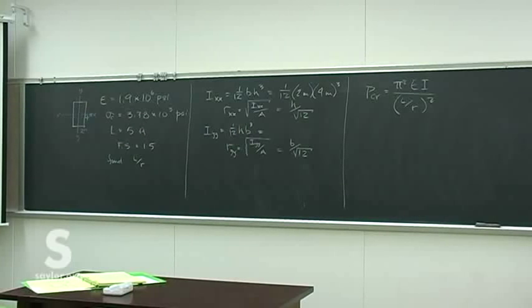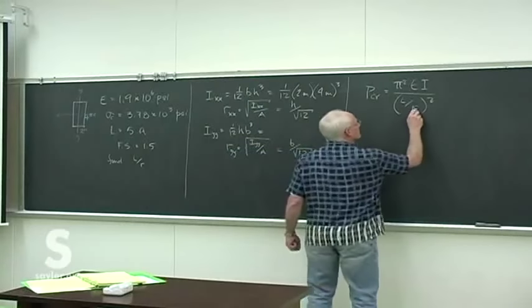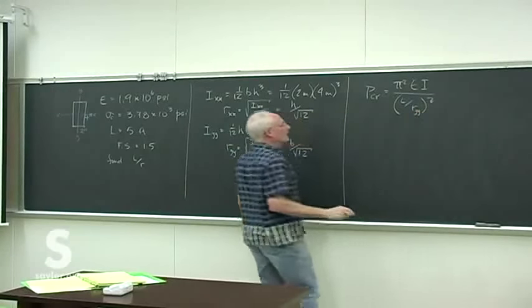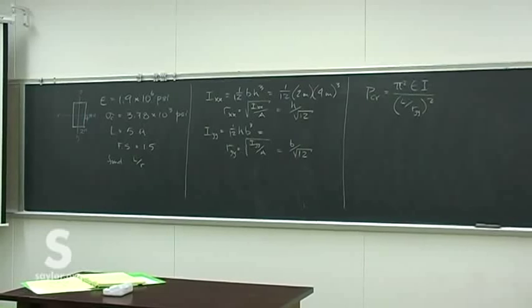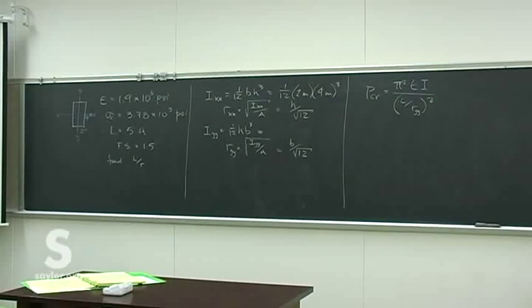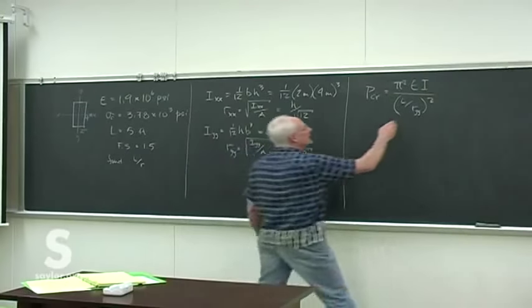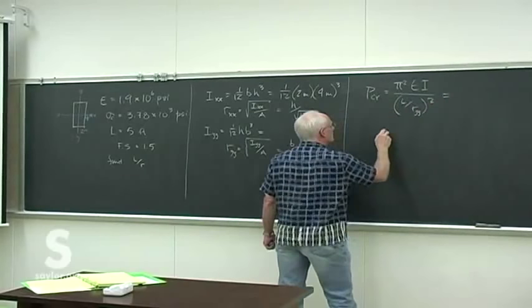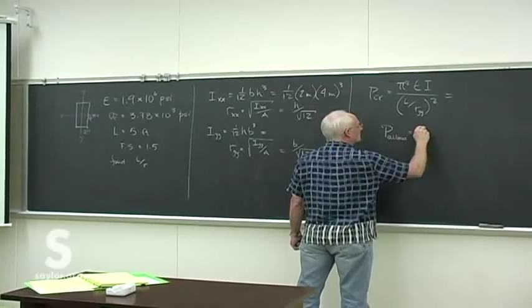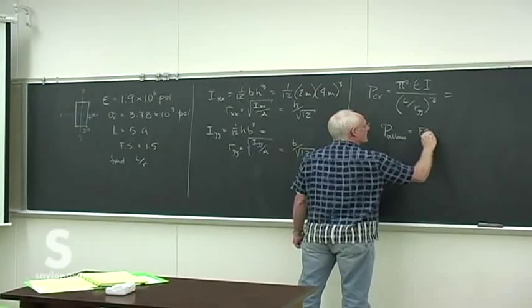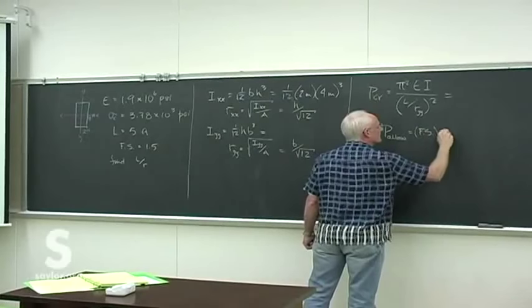Hopefully it's obvious that we're going to need to use r yy there as the critical radius of gyration. So that'll give us a critical load, and then the allowable load is that times our factor of safety.